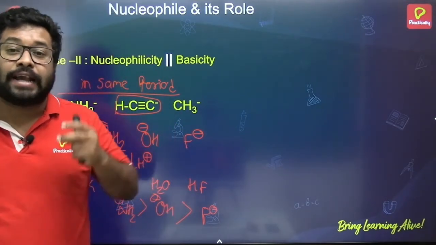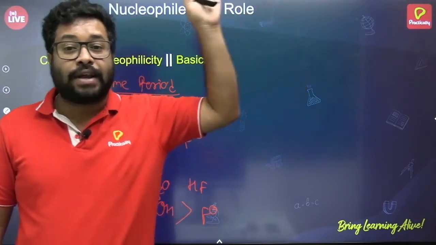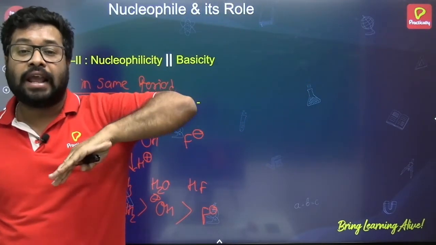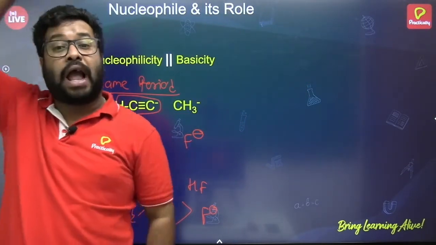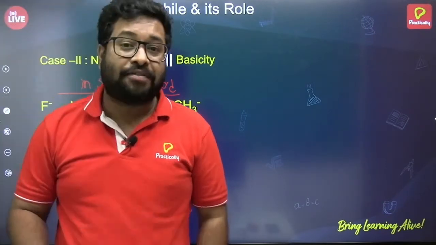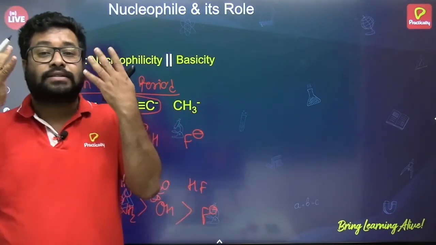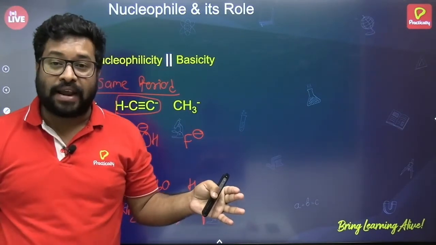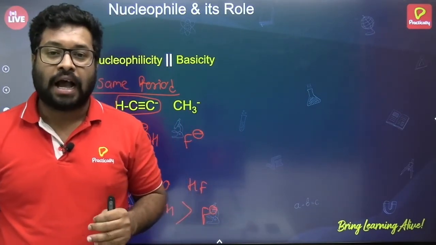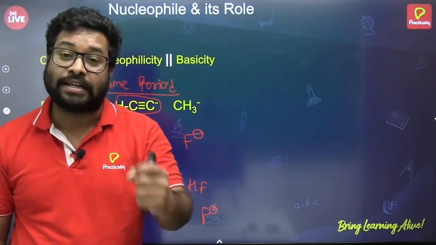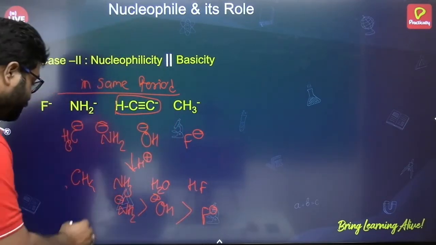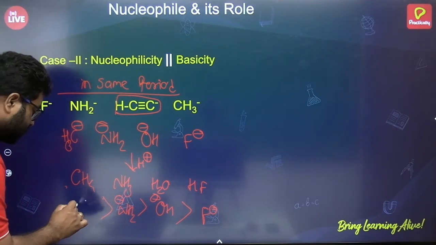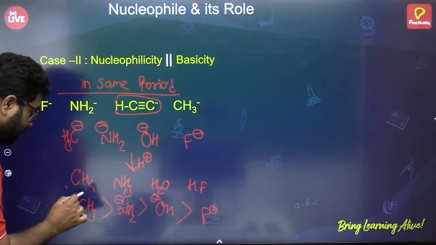Its pKa is 45. That means its Ka is 1 into 10 raised to minus 45. It is such a weak acid that you can't even consider it as an acid. So if it is that weak an acid, its conjugate base has to be the strongest, and it is. It is an extremely strong conjugate base.